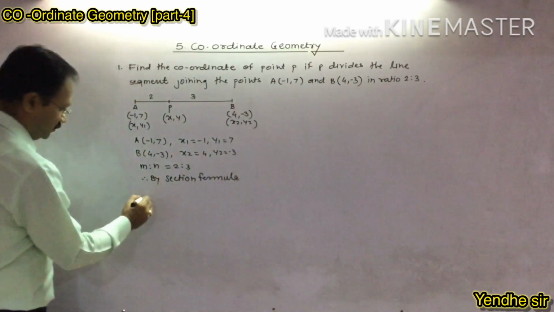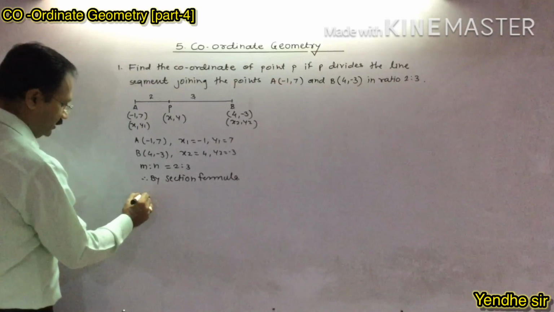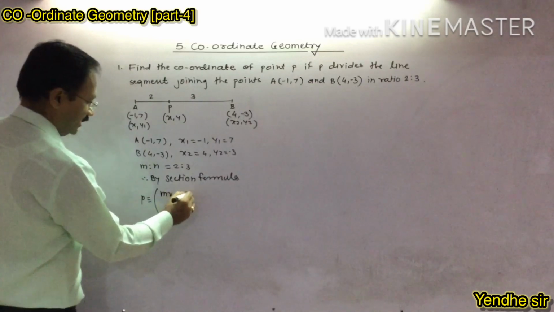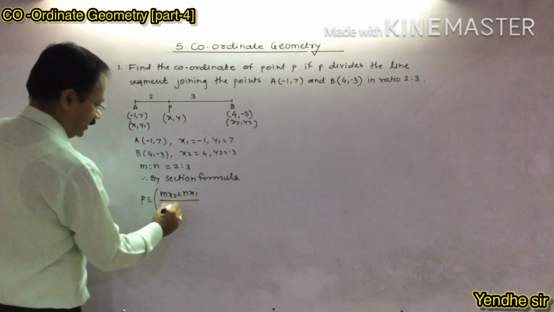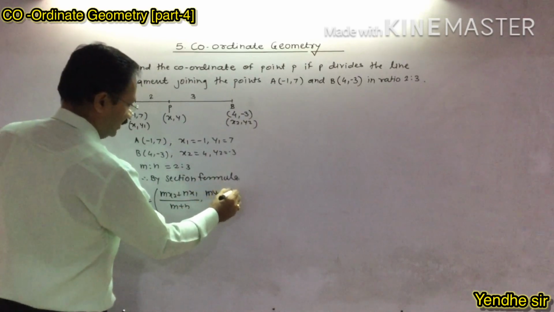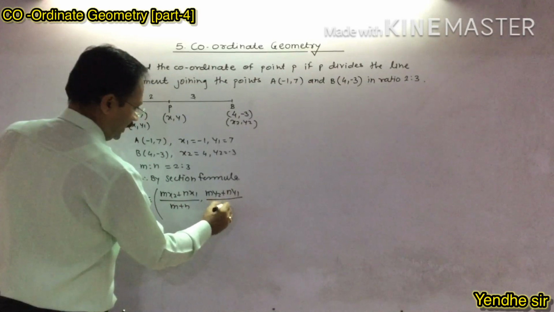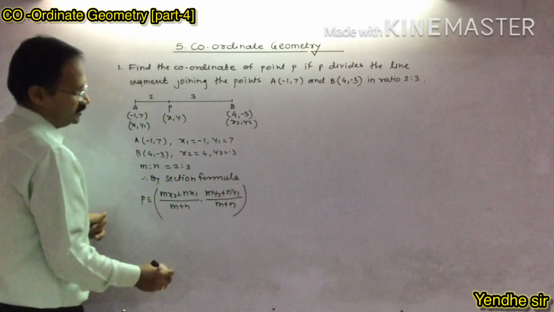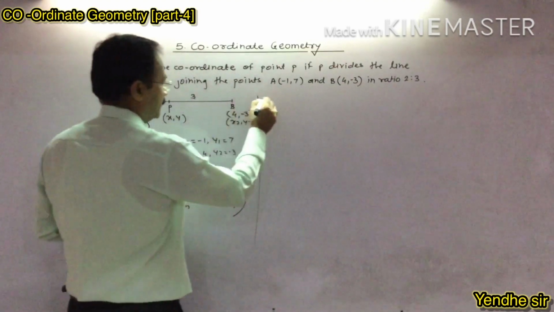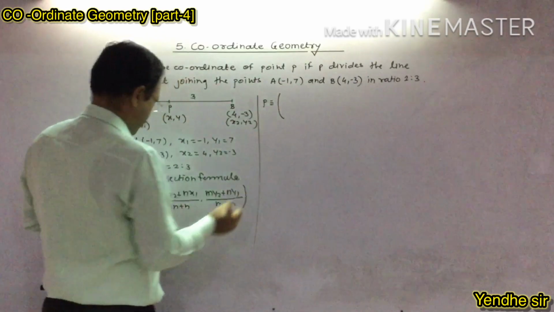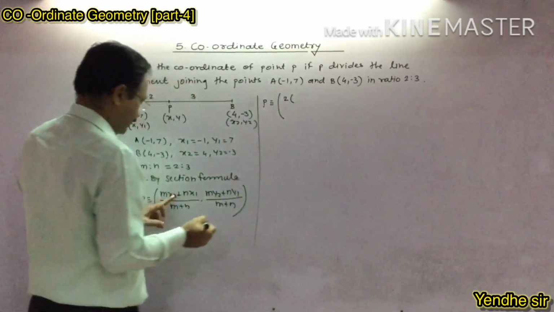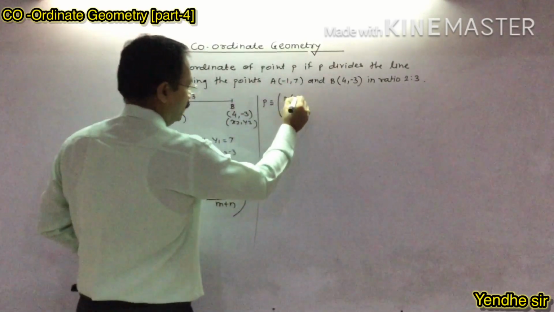you will get the coordinates of P as mx2 plus nx1 upon m plus n, comma, my2 plus ny1 upon m plus n. This is the section formula. Now what you have to do? You have to substitute the values. m's value is 2, in bracket you have to write x2, which is 4.